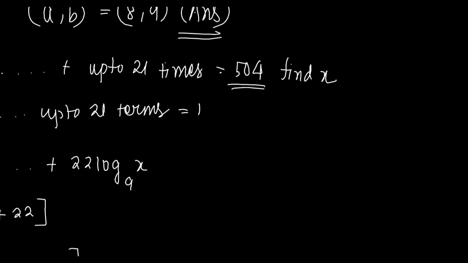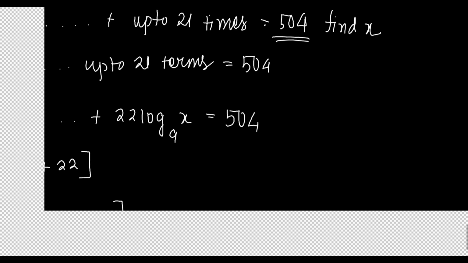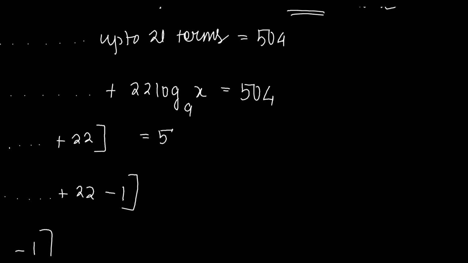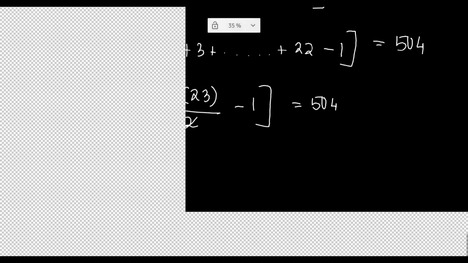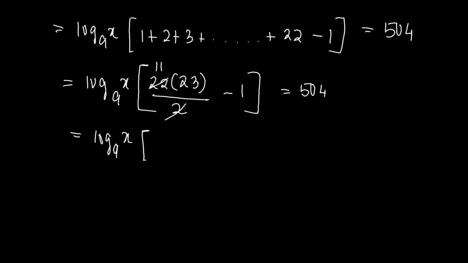I just forgot to write this. So this is 504. This is 504, obviously. Now, here it is 11 into 23, that is 253, minus 1, that is 252, into log x base 9, equal to 504.